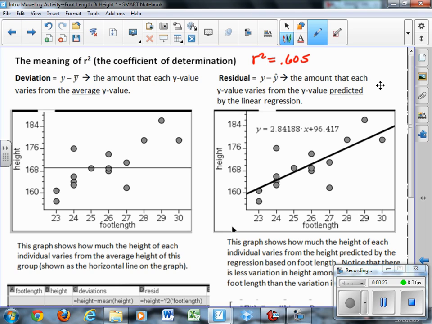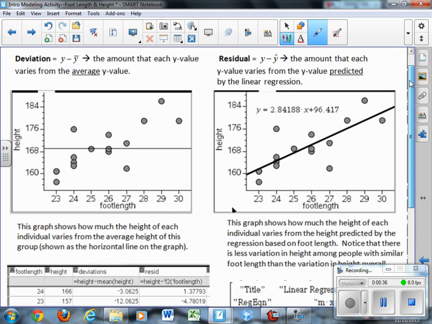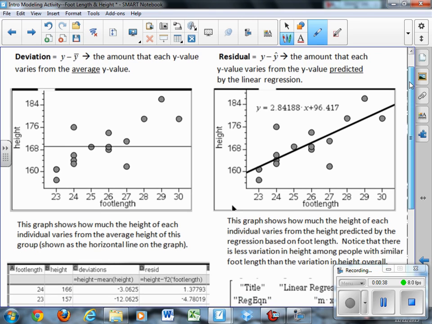This number is often just called R squared, or the coefficient of determination. The way that R squared is interpreted has to do with the difference between what are called deviations from the average y and the residuals, which we talked about before. So here's our foot length and height data. This line here represents the average height.